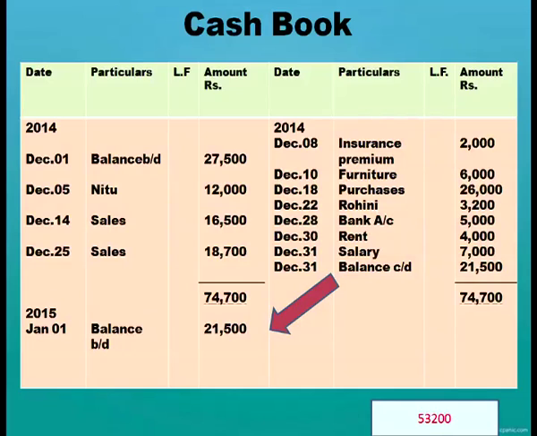That is, in 2014 December 31st, we got a balance of 21,500. We have brought it down on January 1st as balance brought down. 2015 January 1st balance brought down. Which amount do you have to bring down? That is 21,500. So, you are clear with balancing also.